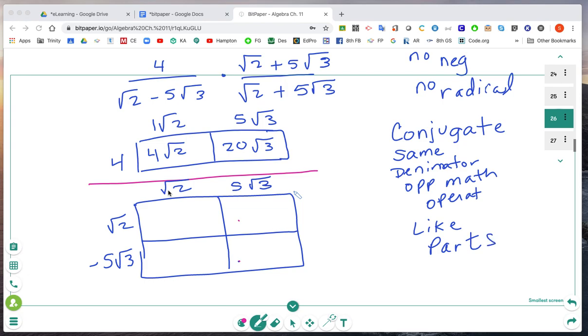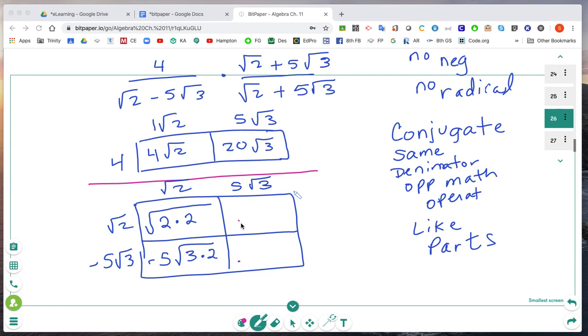So this is going to be 1 big square root, and I'm going to take the 2 times the 2, multiply like parts. Now I'm going to take -5 times 1 is -5, and the square root of 3 times the square root of 2 just becomes 1 big square root, and I put the 3 and the 2 underneath it.